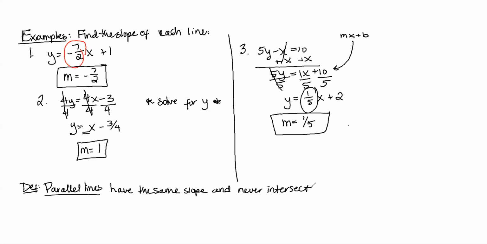And so the only way the two lines can never intersect, so if we have a line going up here, another line going up here, these are never going to intersect because they have the same slope. So let's say this top line has a slope of 2, this bottom line will have a slope of 2 also.